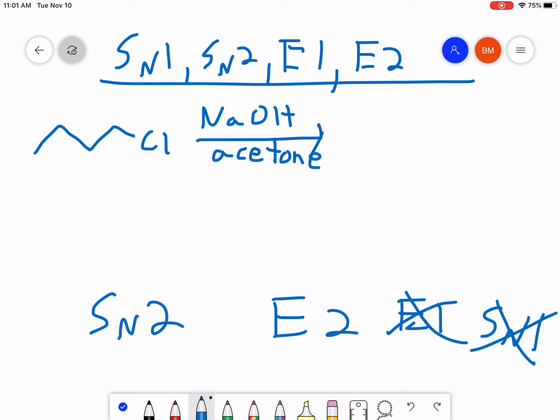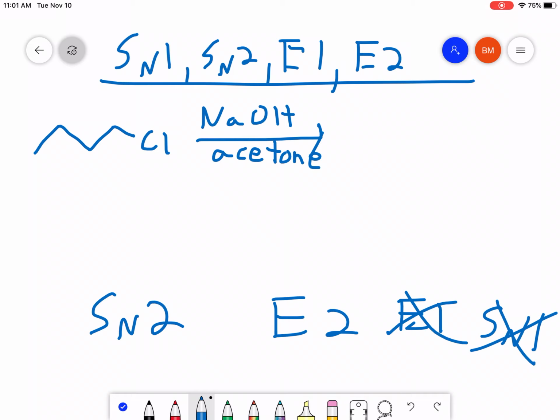All right? Now ask yourself this. This is a primary alkyl halide. They can do both, but does it work better in one or the other? Absolutely, right? We saw that with SN2 reactions, primary alkyl halides worked best, and then secondary and tertiary. E2s, primaries can work, but they're the slowest of all.